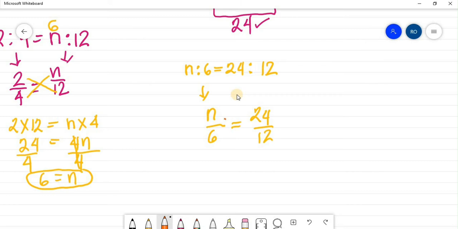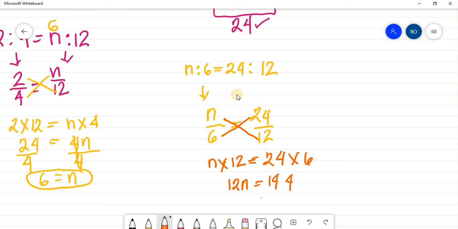We have n times 12 is equal to 24 times 6. So 12n is equal to 24 times 6, which is 144.